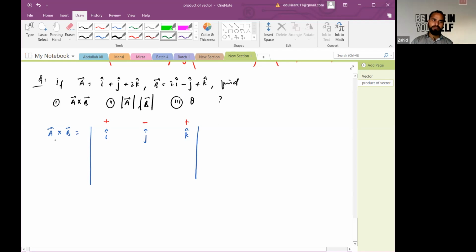Write each term of the first vector A: it will be 1, 1, and 2. Similarly, for B, it will be 2, minus 1, and 1.